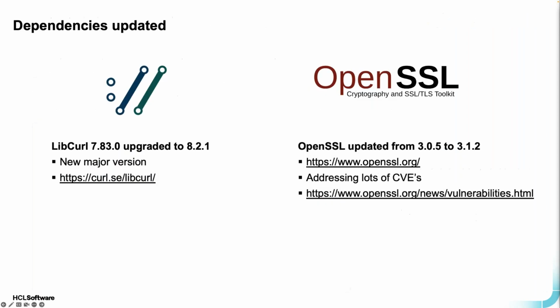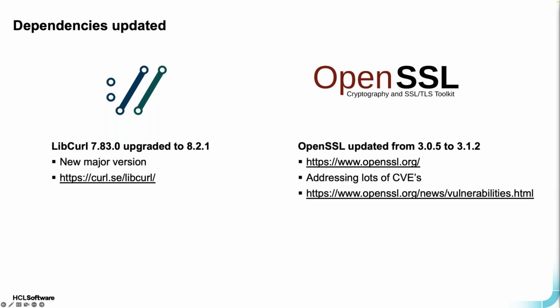Behind the scenes, we've updated our dependencies. We've talked about this before in one of our webcasts, but just for clarity, OpenSSL and libcurl are two dependencies Domino is using behind the scenes, and we are incorporating more current versions and thereby fixing a number of vulnerabilities in those libraries by just using the more current versions.